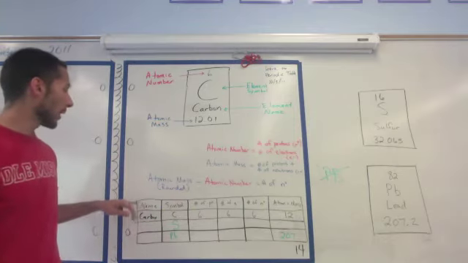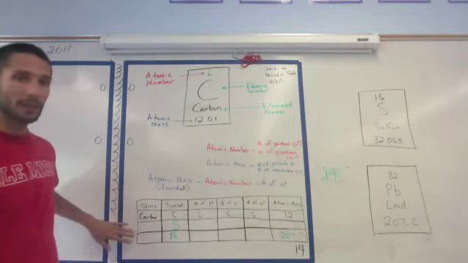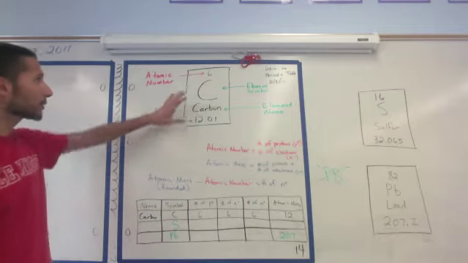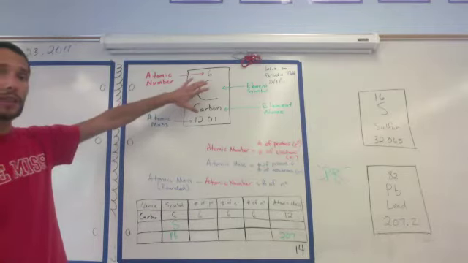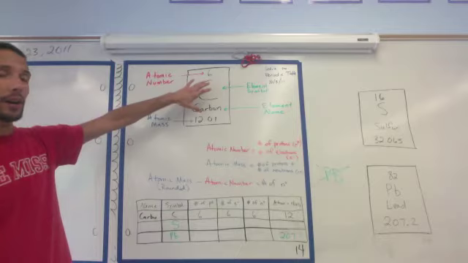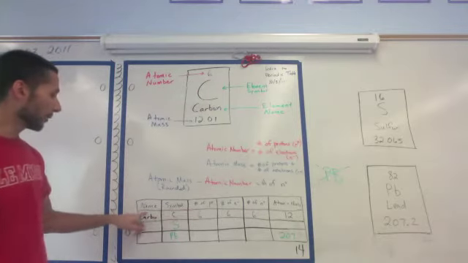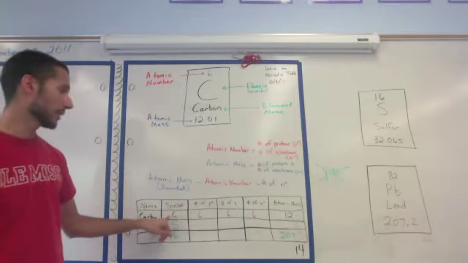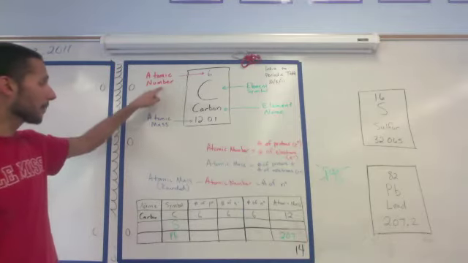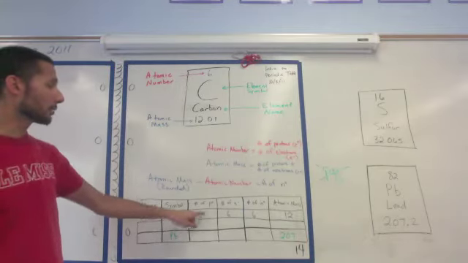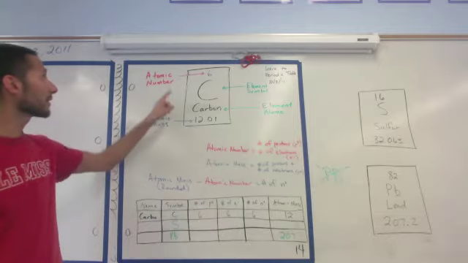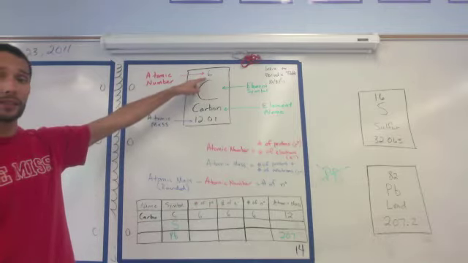Okay, so looking at this little table here, I use the information from the periodic table about carbon to help me fill in this table. So I'm looking at carbon, it has a symbol of capital C. Based on the atomic number, I know that there are 6 protons and 6 electrons because carbon's atomic number is 6.